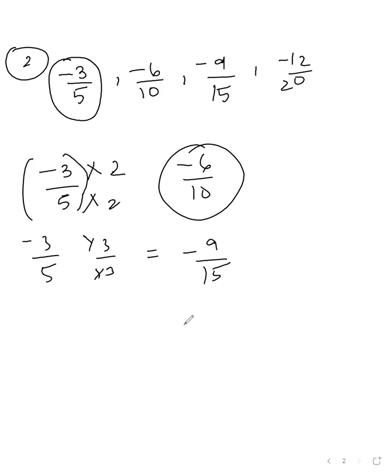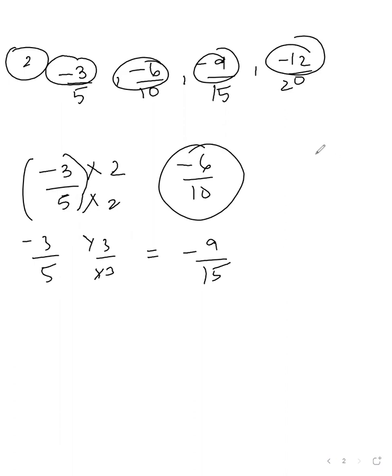What is the pattern? Here you can see 3, 6, 9, 12. These are all numbers in the table of 3, right? 3, 6, 9, 12, 15, 18, and so on. And the denominators are all 5, 10, 15, 20, 25.